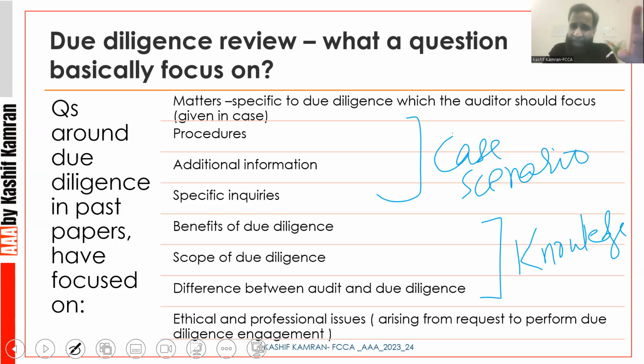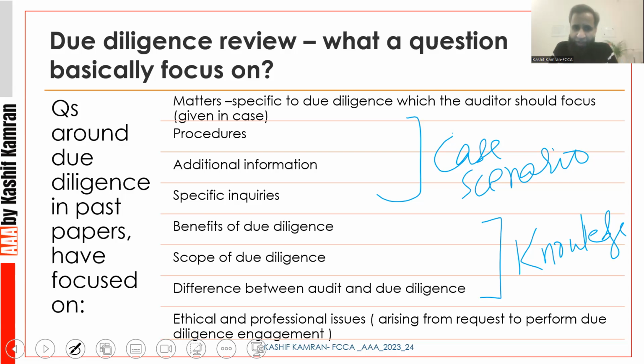And then ethical and professional issues. I think once, probably in the December 17 paper, if I'm not wrong, the examining team asked for ethical and professional issues arising from the request to perform the due diligence engagement. If an audit team is performing a due diligence engagement, what sort of ethical and professional issues will arise from it? The examining team is very fond of putting a question on ethical and professional issues.